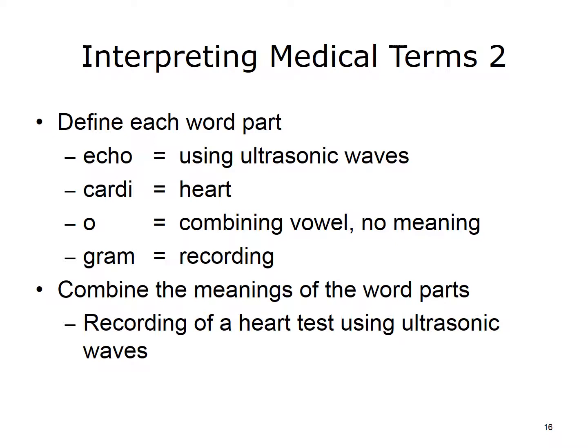We know that cardi refers to the heart. The O is a combining vowel that has no meaning. And finally, gram refers to a recording. By combining the meanings of the word parts, you can easily interpret an echocardiogram as a recording of a heart test using ultrasonic waves.